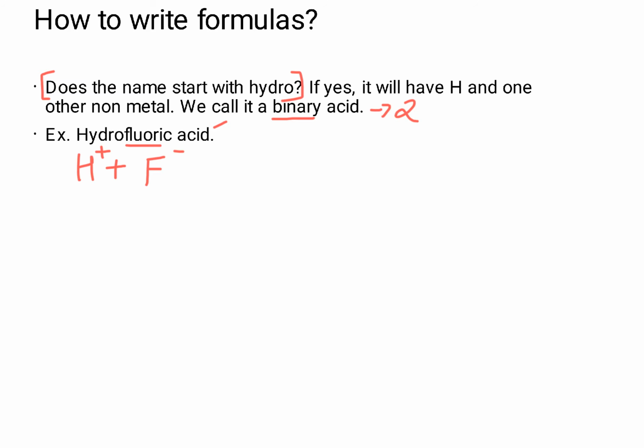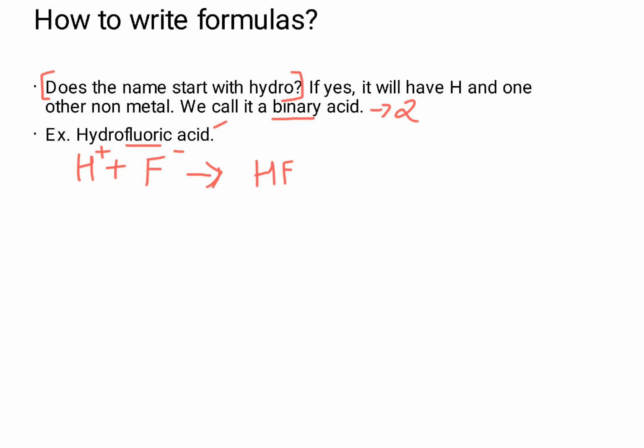Now, from what we've learned about writing formulas, you know that these cancel each other out, and what you end up with is HF. Remember, acids are ionic compounds, so you will use the same rules you learned to write formulas of ionic compounds for writing the formulas for acids. Okay, so hydrofluoric acid is HF.